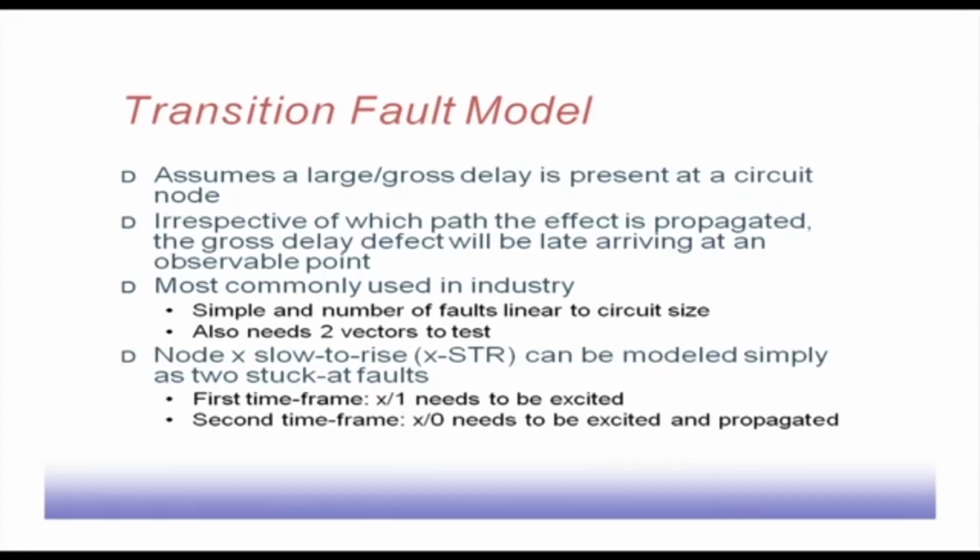So, it will put the line x to 0. Now my first part is solved. In the second part I want this x value to become 1, and that can be done by applying a test pattern which can detect the fault x stuck-at 0, because it will try to put a 1 at that point.